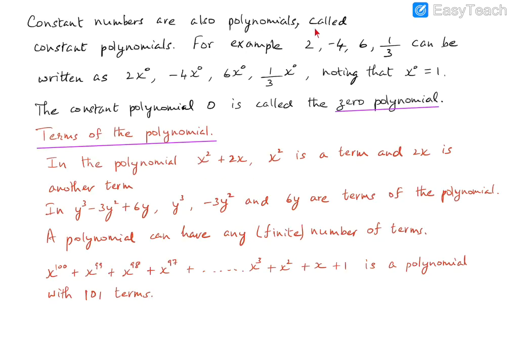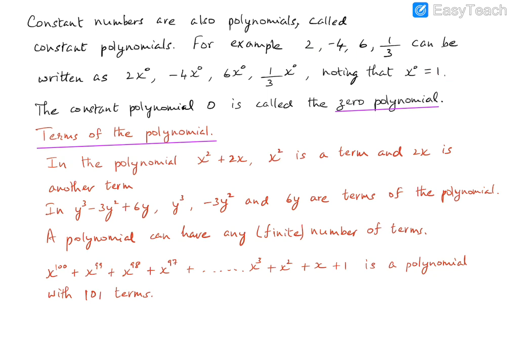So if we have just the number which is a constant and non-zero, then what will be the power of the variable for that, and can we call this a polynomial? So the constant number can be written as the constant times x power 0, and anything power 0 is 1, we know that. So any of these constants can be written as the constant multiplied with x power 0.